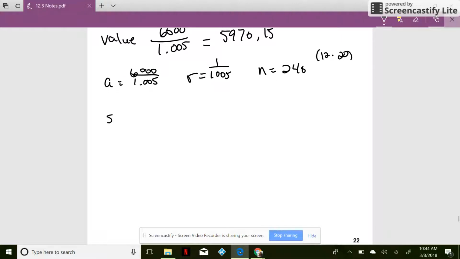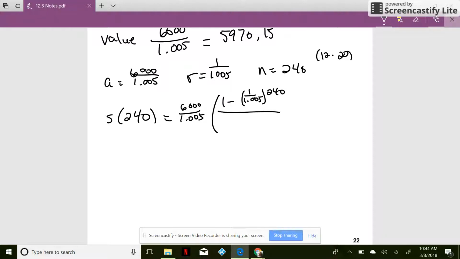So our function, we take S of 240. So that's equal to our A, 6,000 divided by 1.005 times 1 minus our rate, 1 over 1.005 to the 240 power, over 1 minus 1 over 1.005.